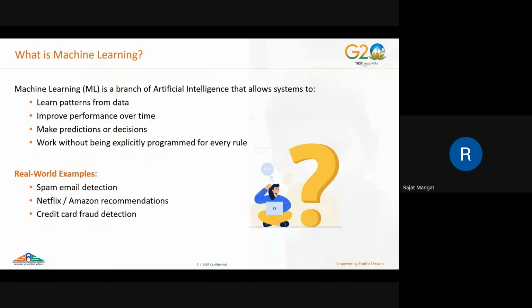Machine learning is a part of artificial intelligence. You can consider artificial intelligence as a copy, or a way to mimic human intelligence, so that a machine can behave as a human.